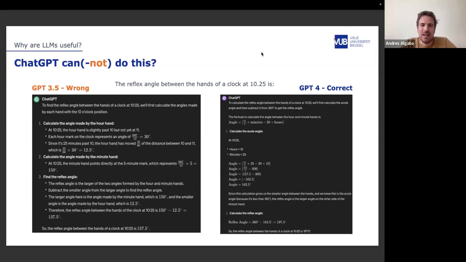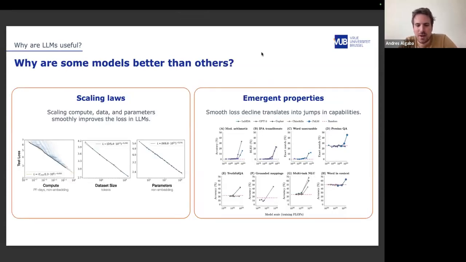Now, why is this the case? Well, this is something which I also want to tell you because it will really help you pick which model is best for you: larger models seem to work better. This is also known as the scaling laws.